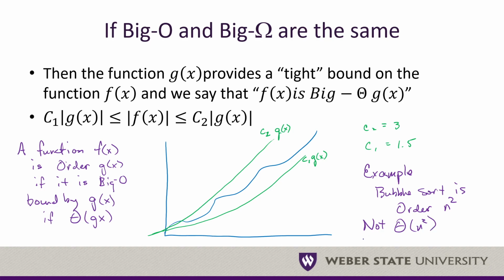And that's because big omega is omega n for bubble sort. So what that means is that the best case is some function of n.